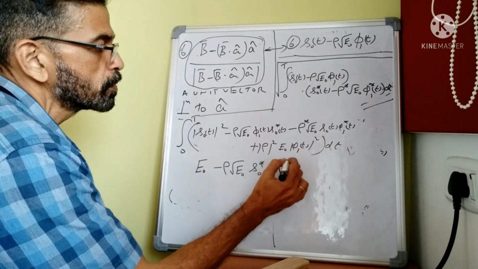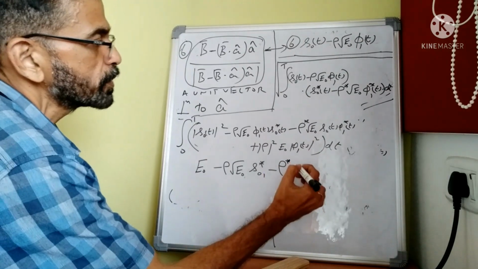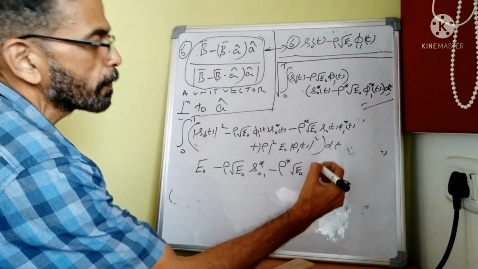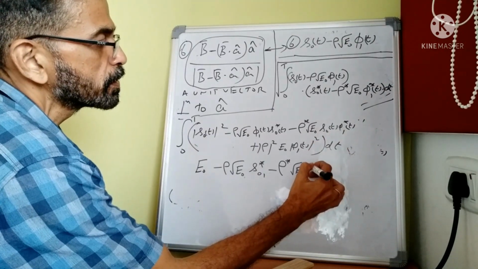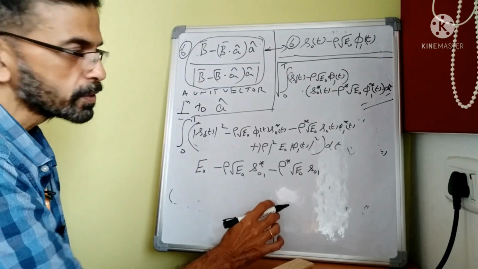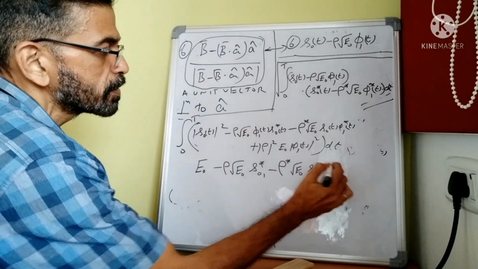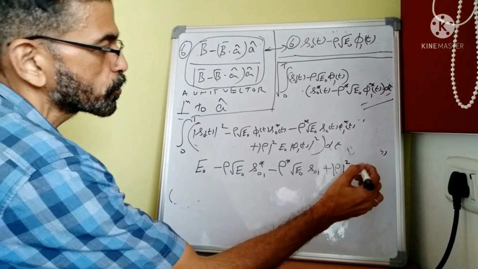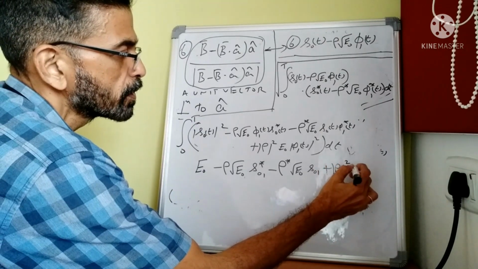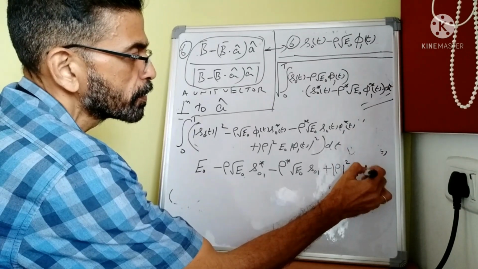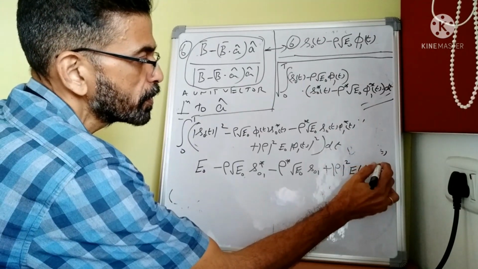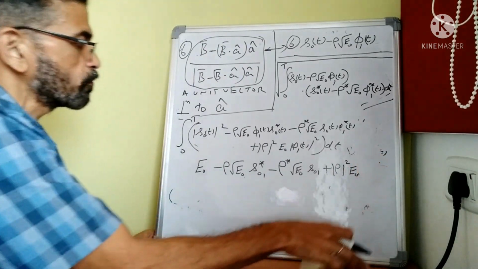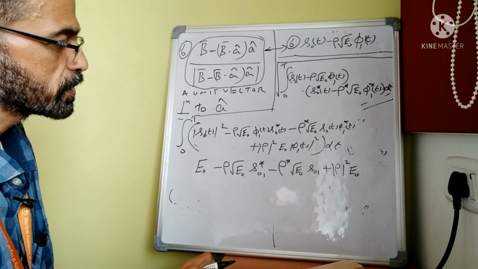Minus rho conjugate root E naught times s01 when you integrate, and finally plus magnitude rho squared E naught times the integral of magnitude phi 1(t) squared. When you integrate, you get 1, because phi 1(t) has energy 1.